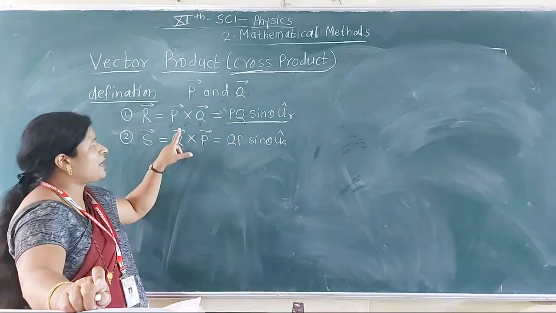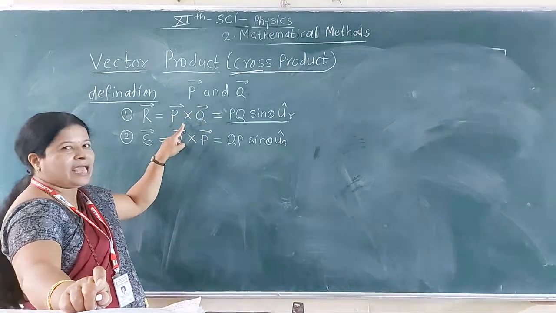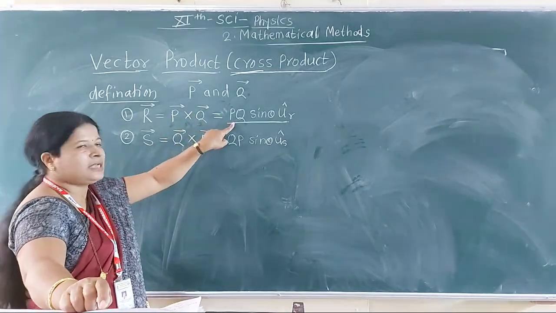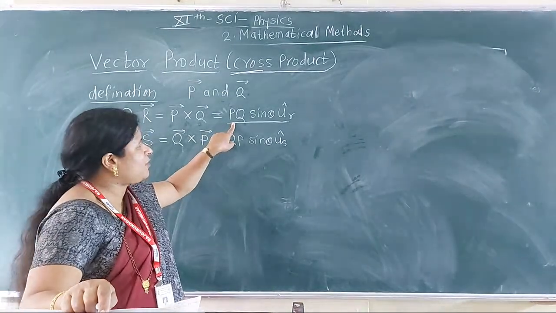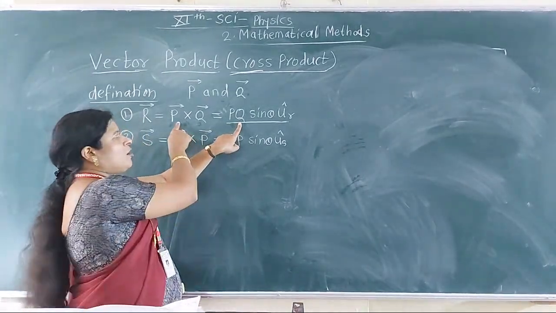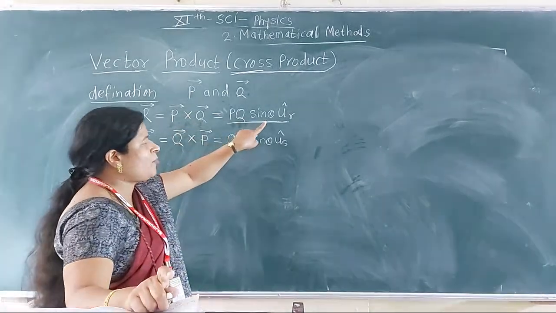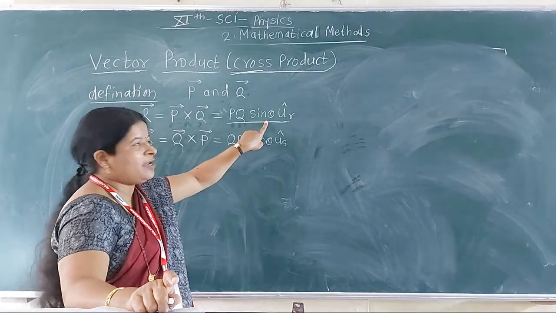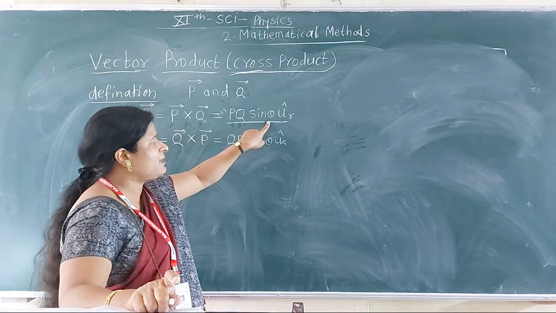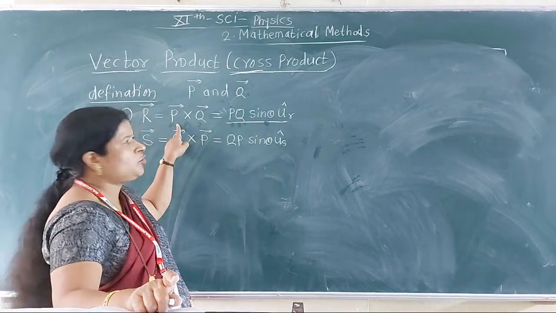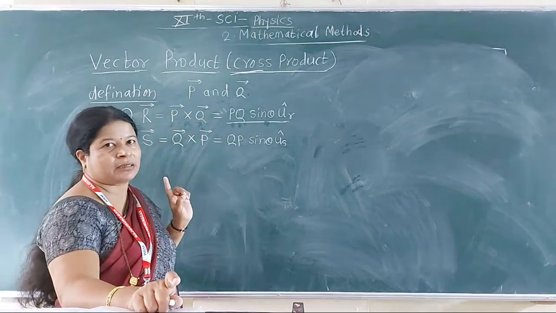So the cross product between two vectors is defined as a vector of the magnitude of the product of two vectors and the sine of the smaller angle theta between these two vectors, called the vector product.